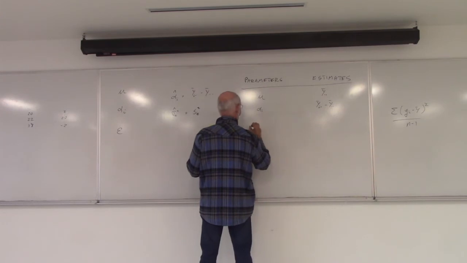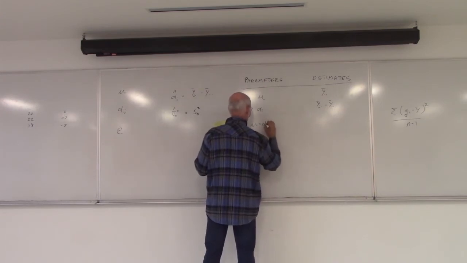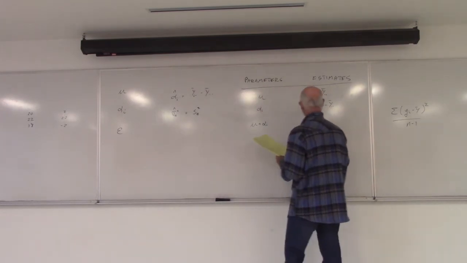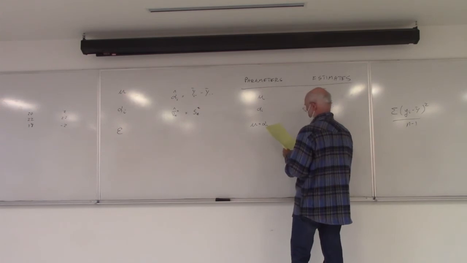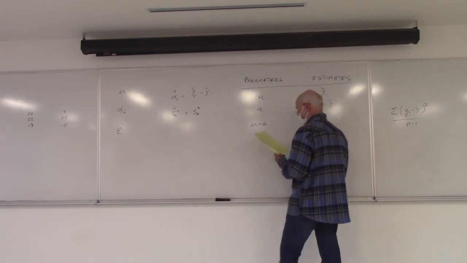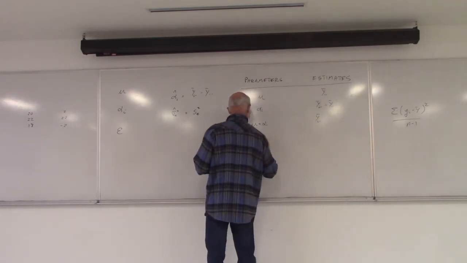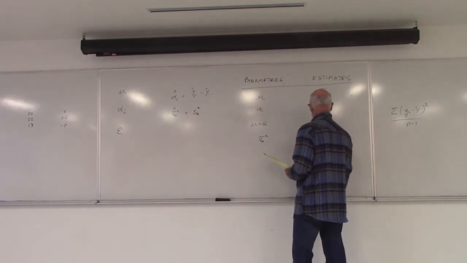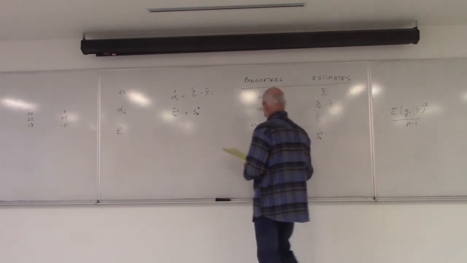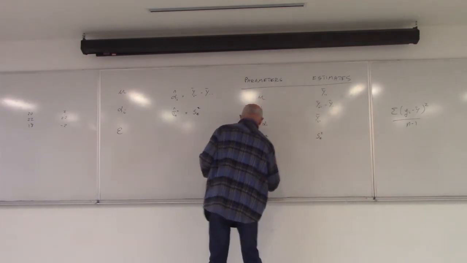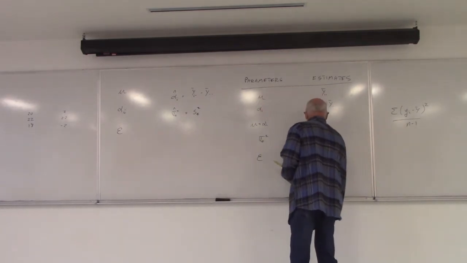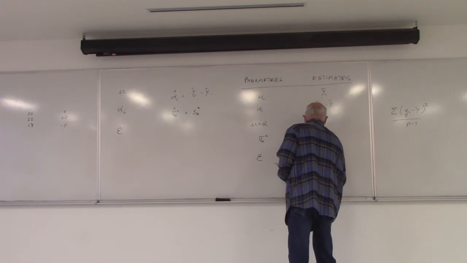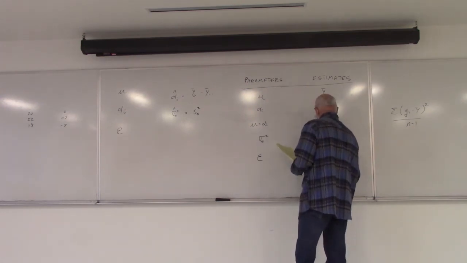Our best estimate of mu plus alpha i is going to be y i dot bar. Our best estimate of sigma e squared is going to be s e squared. And our best estimate of epsilon is going to be y ij minus y i dot bar.